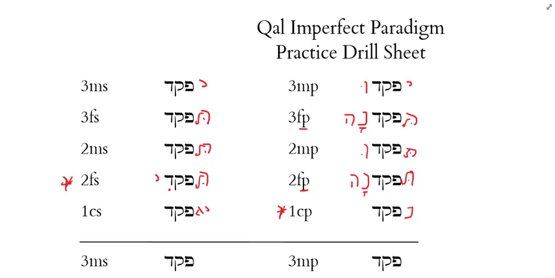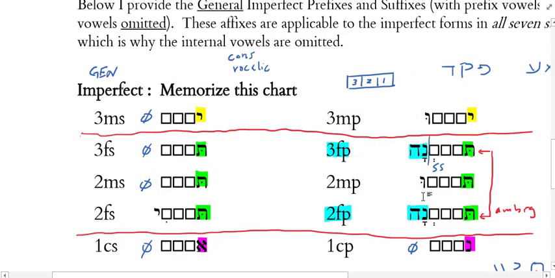Now, to go back to our chart here, maybe what you also want to remember here. Let me get a different color here. Here, we'll do red. So we have the shurik there, just to show you that the 3MP and the 2MP both share the same suffix. All right? Those are the prefixes and suffixes. For the most part, we're going to use the future to translate the imperfects.